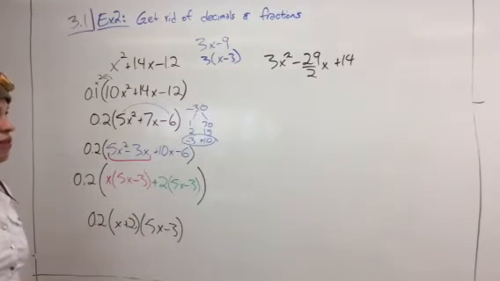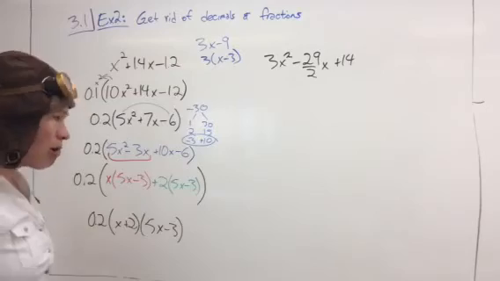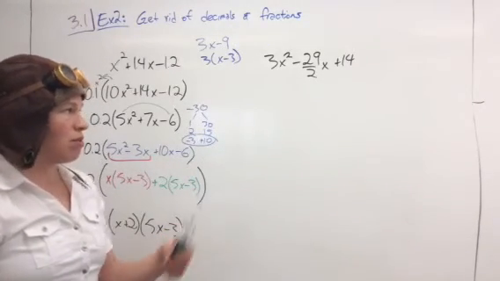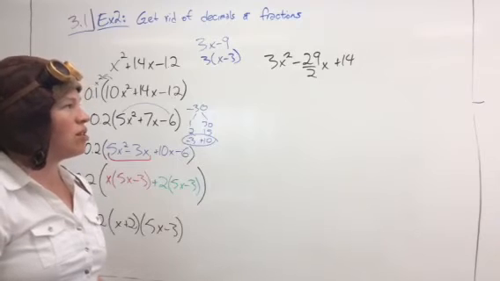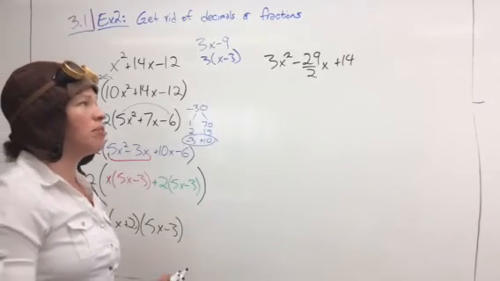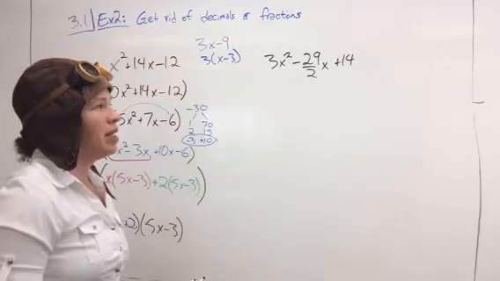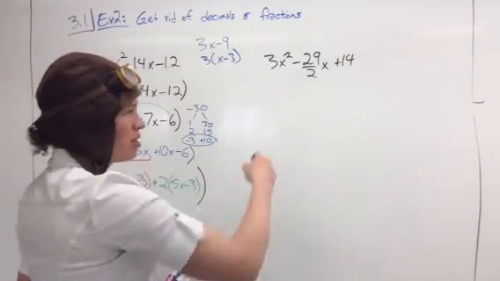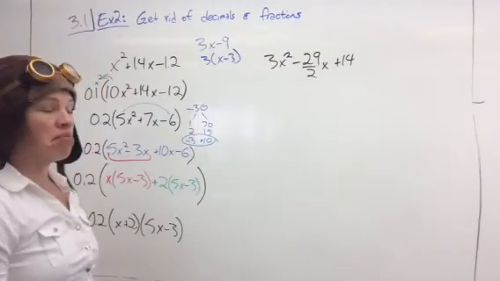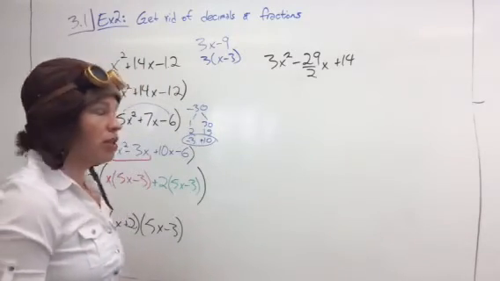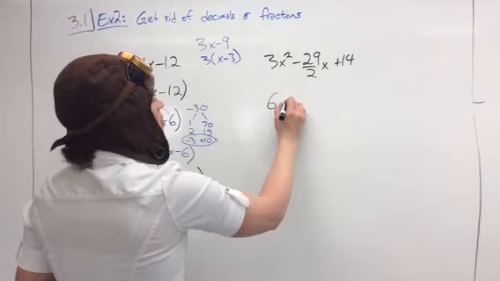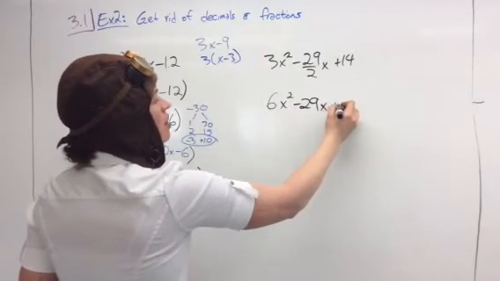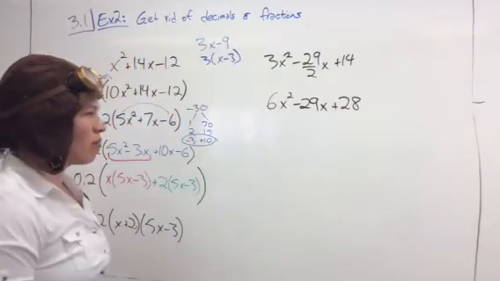The next one gives us fractions. Oh no, fractions, no! Not a really big deal though. In this case, especially this one, it just gives one that has a fraction. So I would ask myself, what do I multiply all of those numbers by to get rid of that 2? Well, if I'm dividing by 2, that's what this means, then I would be multiplying that by 2 to get rid of it. So I'm going to multiply by 2. I'm going to go 6x squared minus, this just becomes 29x now, plus 28.